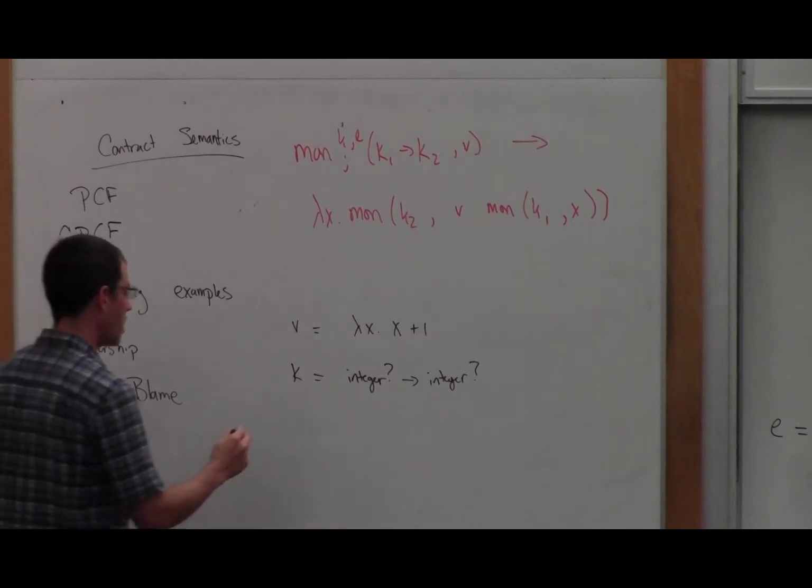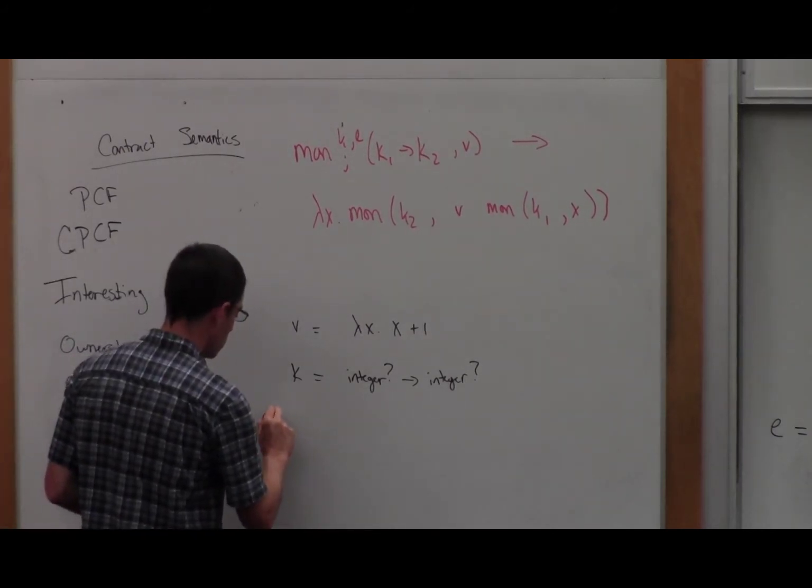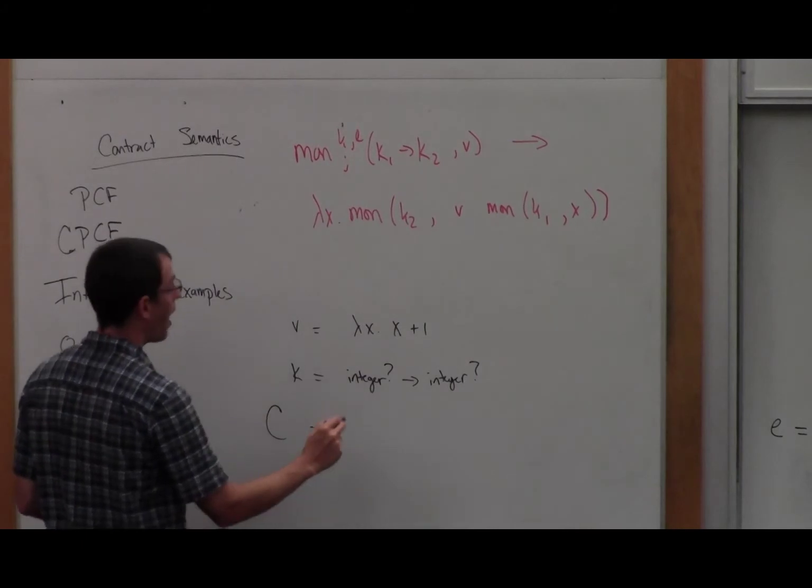And we have the context, which I'll write C, as applying what we have to 3.5.